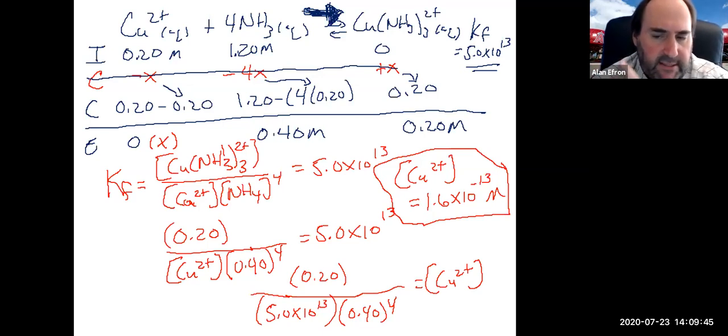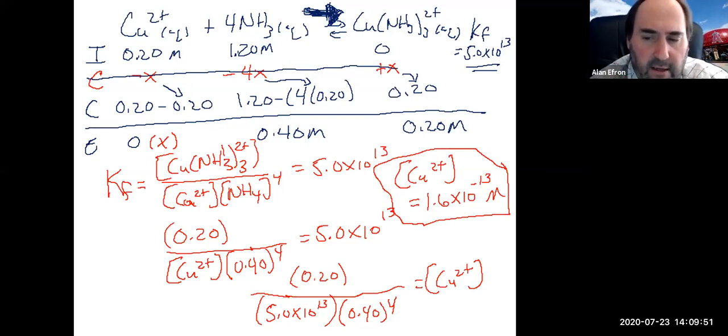And B, the second part of that assumption is that when we actually solve for the free metal ion concentration, it should be a really small number. And as we can see here, 10 to the minus 13 is a small number.